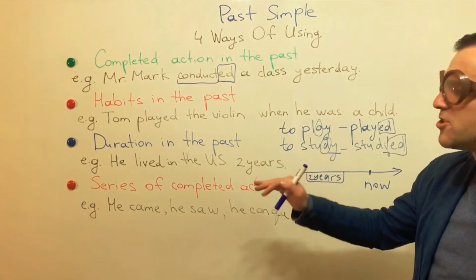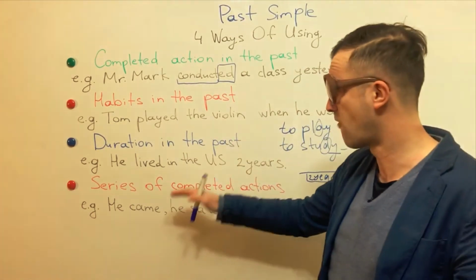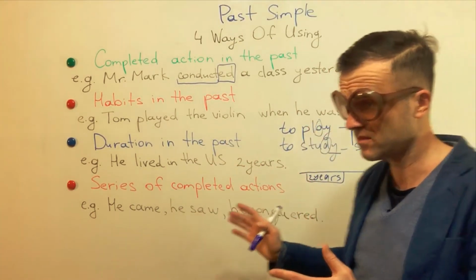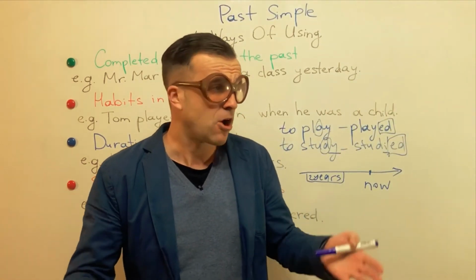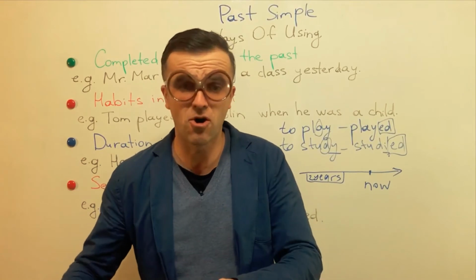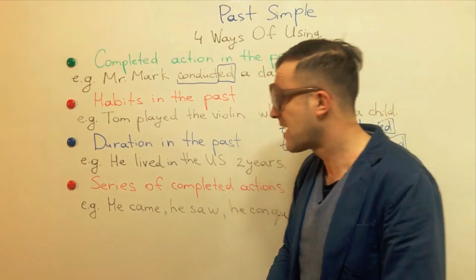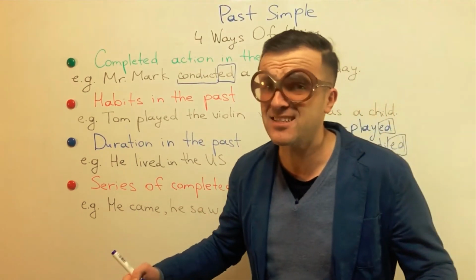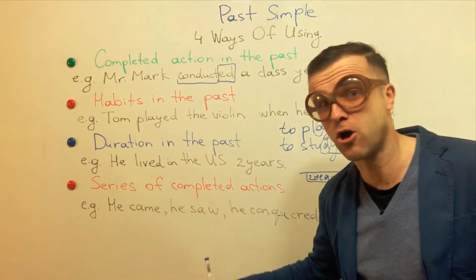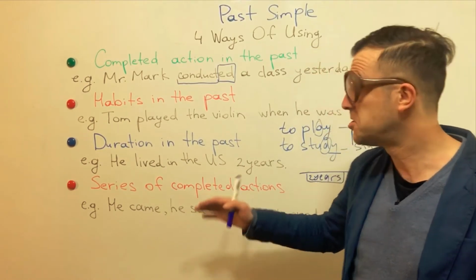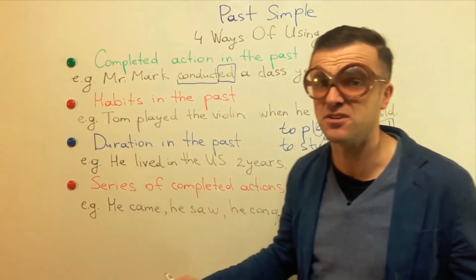Okay, so let's move on to the final way of using the past simple. It's a series of completed actions. So for example, you came home, you opened the door with your key and you locked the door. Or let's say I really like this quote by Julius Caesar, if you know such an emperor: he came, he saw, and he conquered.